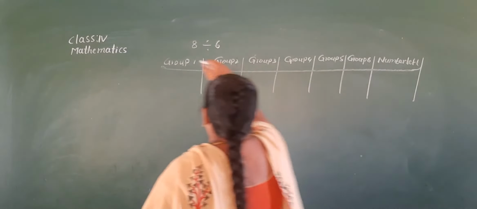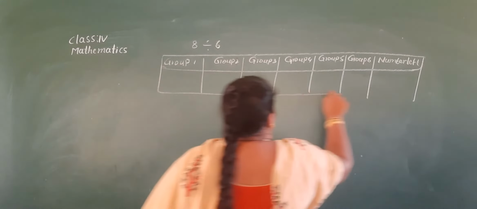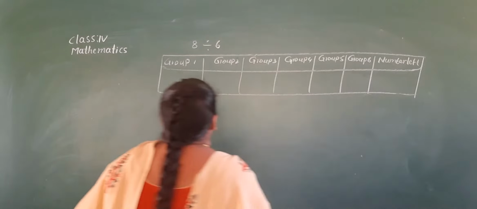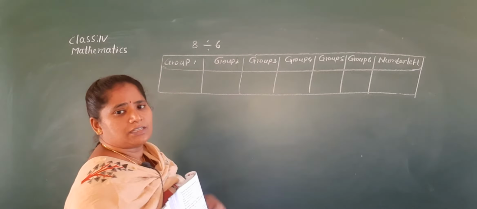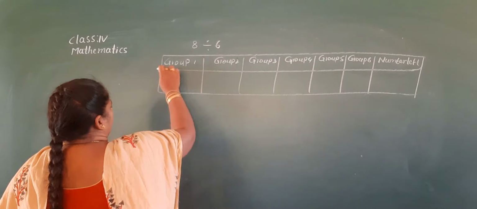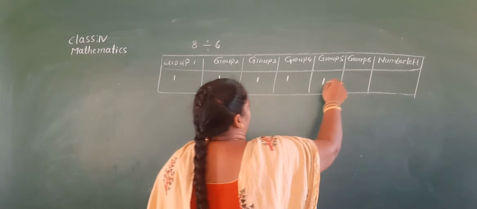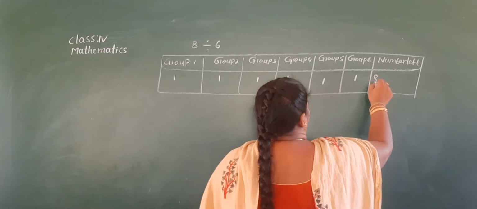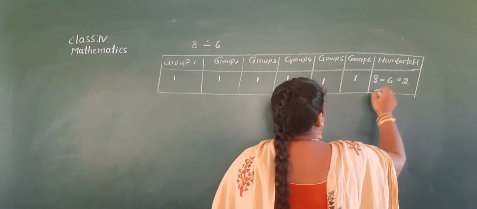You have to check your answer, children. We want to distribute the number 8 into 6 groups. First you give 1 by 1. Total 8. Already I distributed 6, so the remaining is 2.